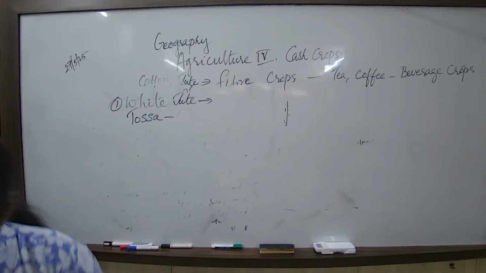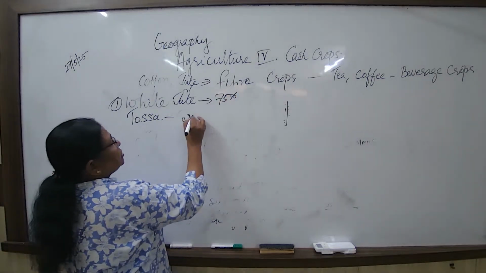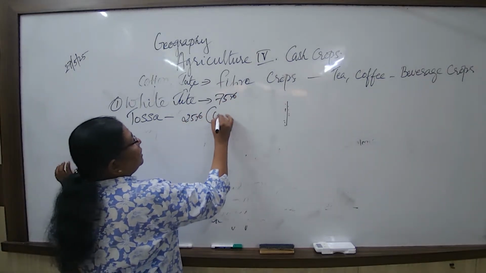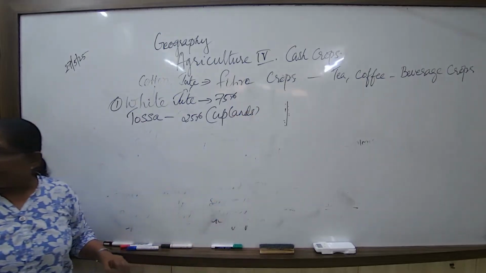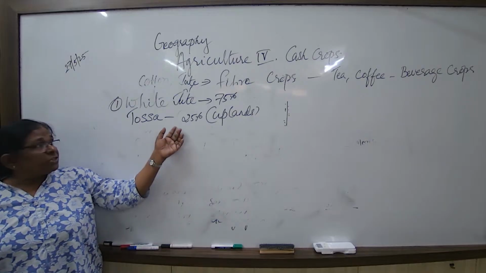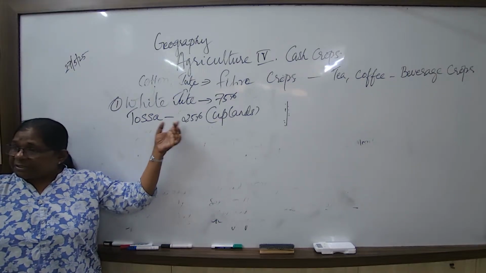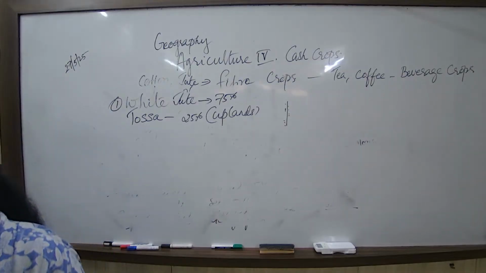That is 25%. This one is 75%, and this one is 25%, grown in uplands. Uplands means it cannot withstand flood conditions. So that is why at higher elevations, this Tosa variety is cultivated.